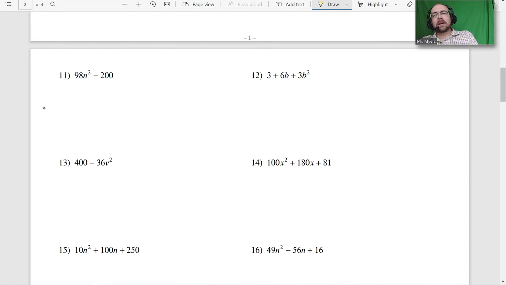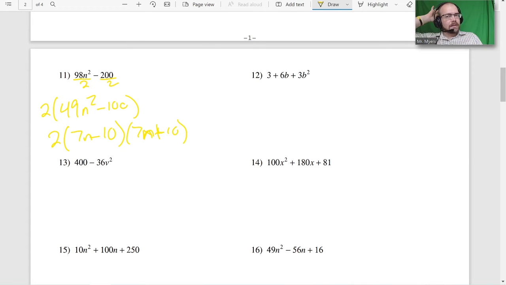But if I pull out a 2, aka divide by 2, 98 divided by 2 is 49. 200 divided by 2 is 100. Now these are squares, right? So now I can take the square root of 49 n squared, which is 7n. Square root of 100 is 10. One's a minus, and one's a plus.